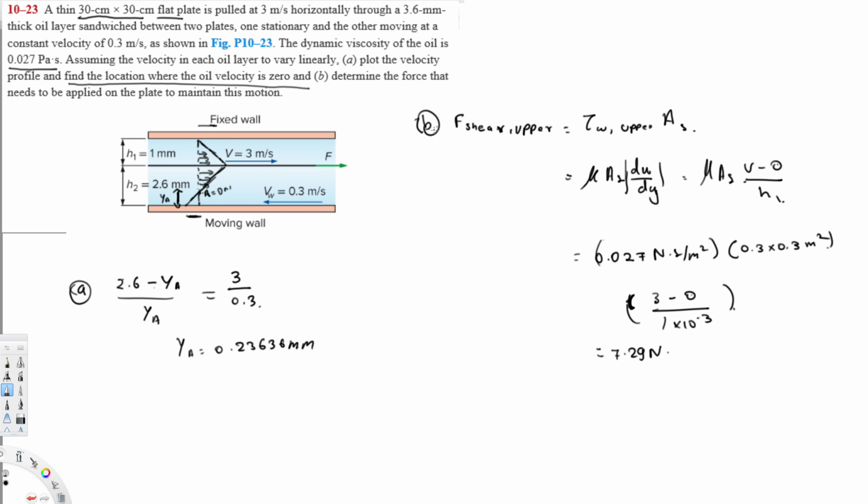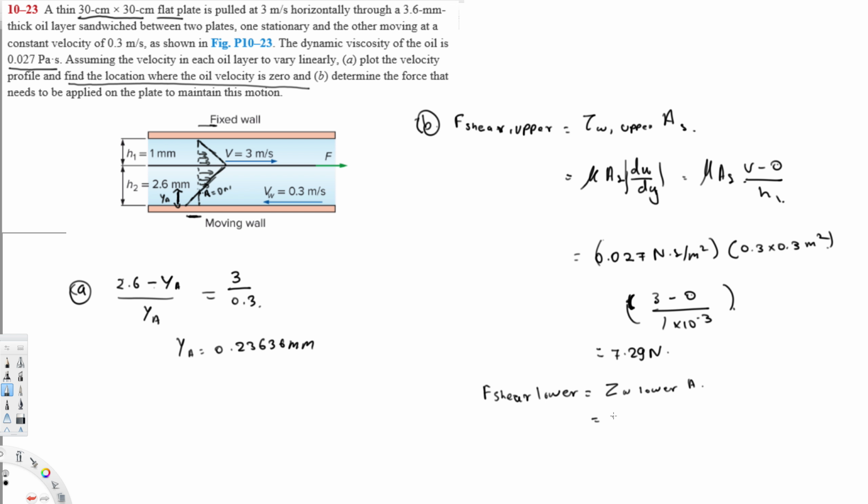And then we go for the lower part. F shear lower is the same thing: shear stress multiplied by area.